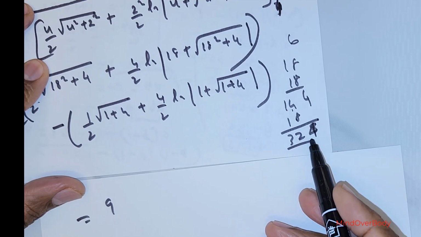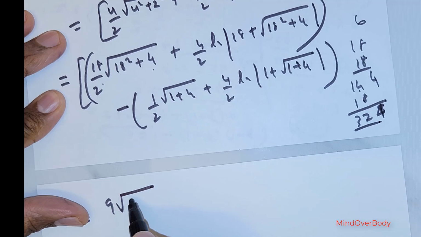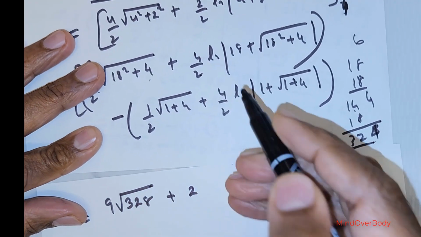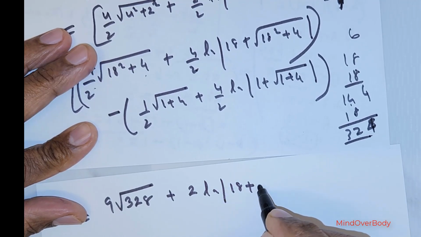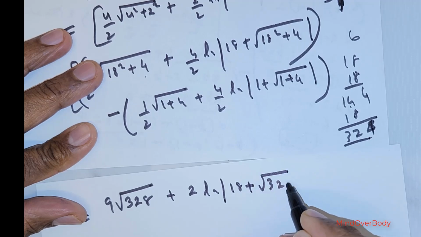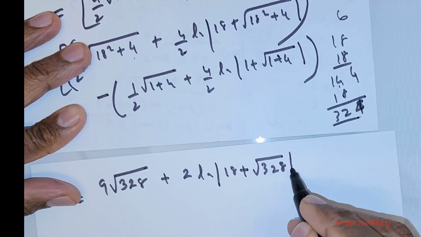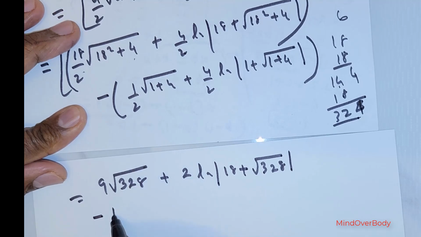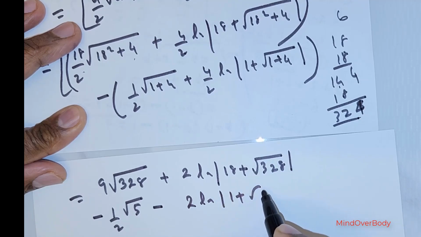So you have 324 plus 4 there. So this is going to be root of 328 plus 4, 2 divides 4, 2 times ln modulus of 18 plus root of 328, right, followed by negative 1 over 2 times the root of 5 negative 2 times ln modulus of 1 plus root of 5.